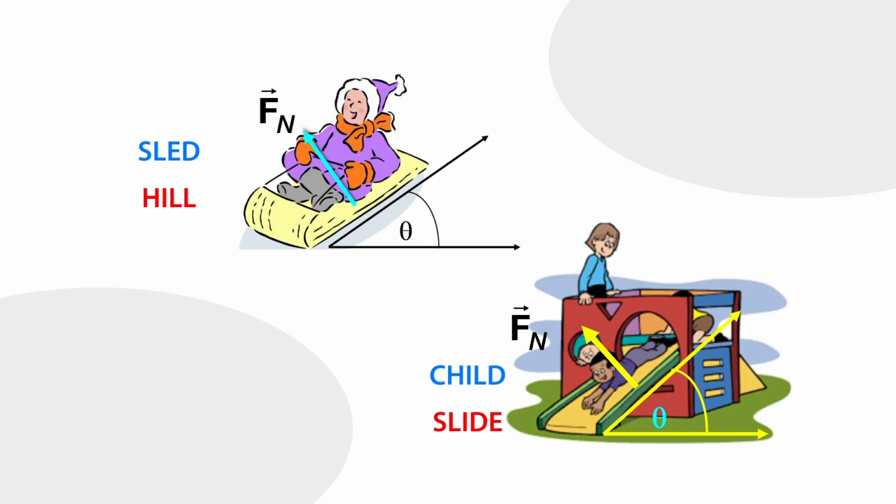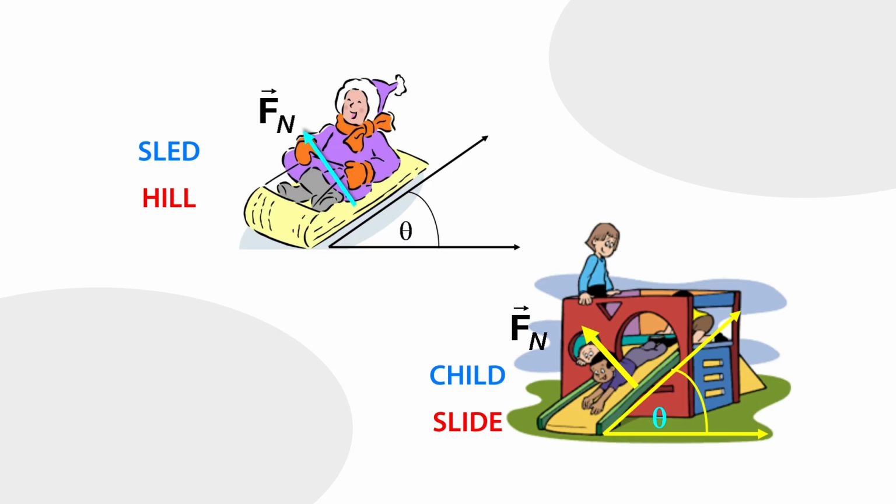Similarly, the slide is inclined at an angle theta to the ground. So now the object, the sled or the child, is not in the horizontal direction. The surfaces in contact are not both horizontal. The sled is at an angle to the horizontal. The slide is at an angle to the horizontal, right?